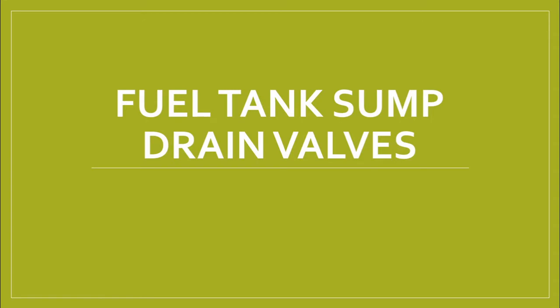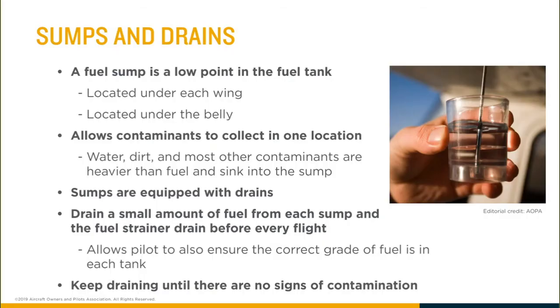All right, so now fuel tank sump drain valves. A fuel tank has these parts called a fuel sump. That's the lowest part of the fuel tank. Contaminants in the fuel will naturally sink to the bottom because they are denser or heavier than the fuel itself.